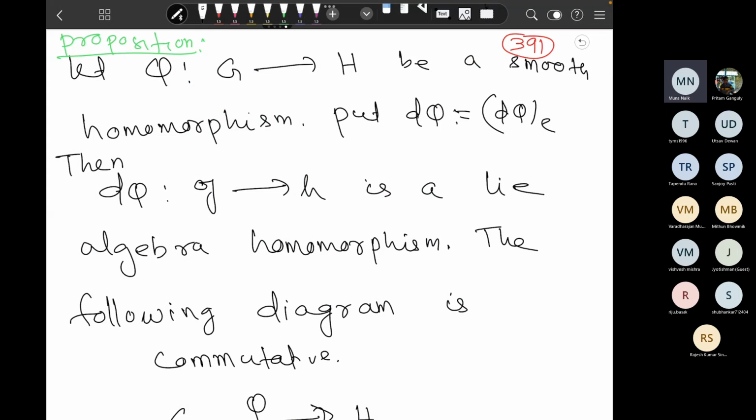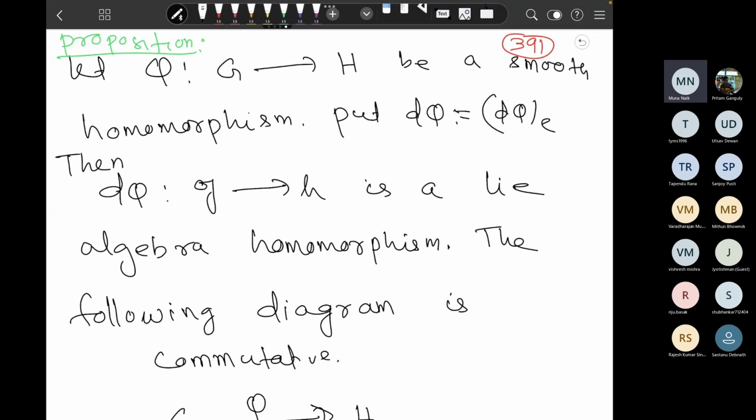Last lecture we stated a very useful proposition. Let phi from G to S be a smooth homomorphism. Put d phi equal to d phi at E, the differential of phi at the identity.